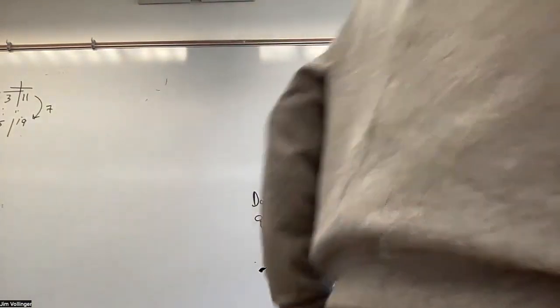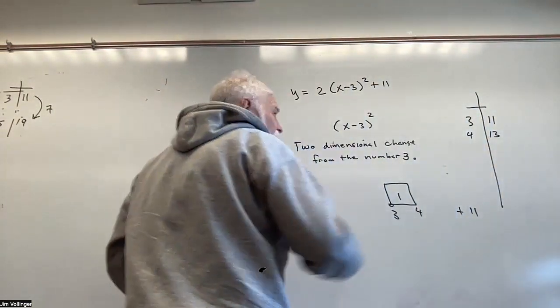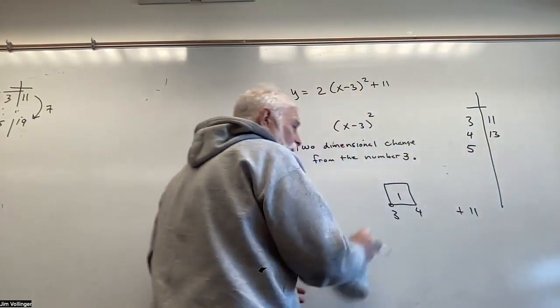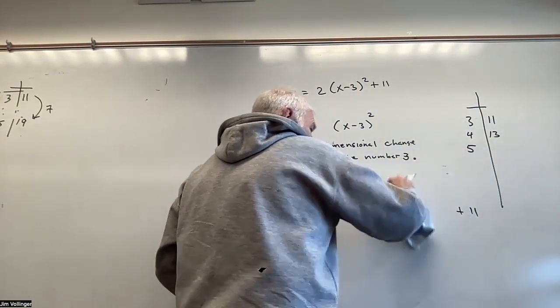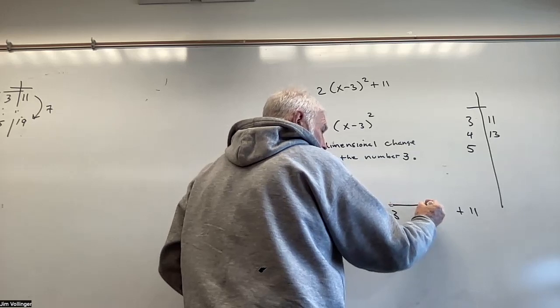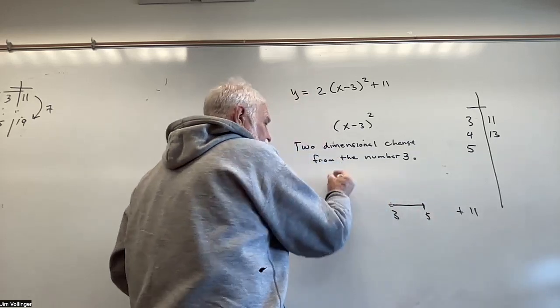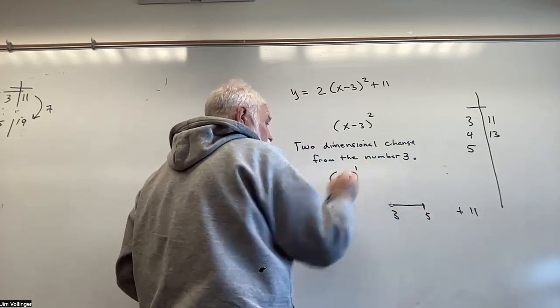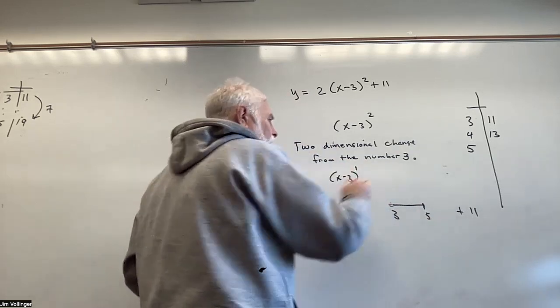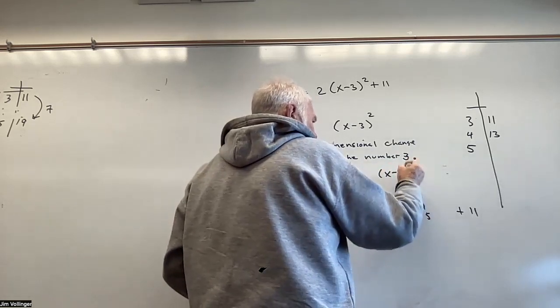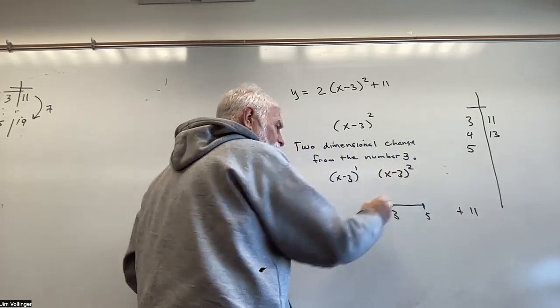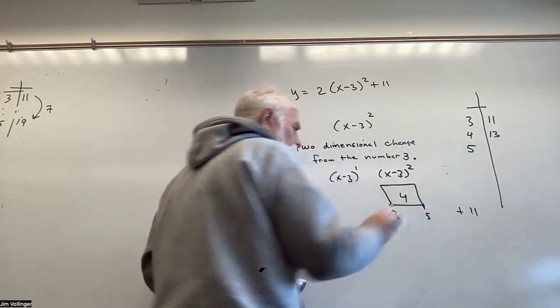So let's go and look at what happens when I go to 5. Well, that's a new picture. The linear change is 2, right? This is the linear change, and that's what we just did, put a 5 in there. But we're after the quadratic change. And the quadratic change is actually 4 units.